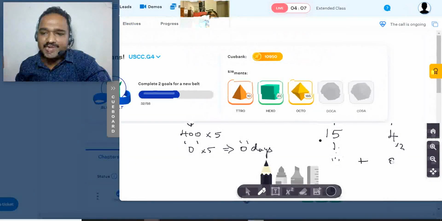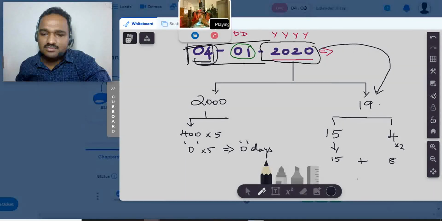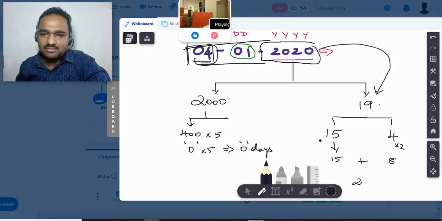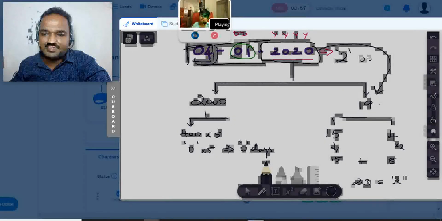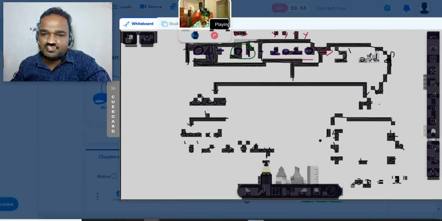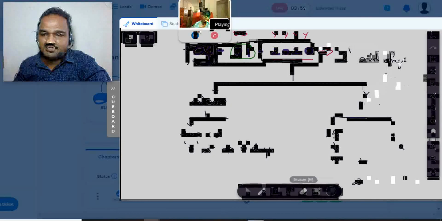So 15 plus 8 equals 23, which gives you 2 odd days. Still, we have one more day pending. So we'll find that also. So it's 2 odd days. This is one tweaking anyway. We'll find the other odd day also very soon.